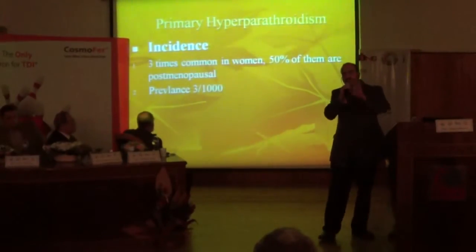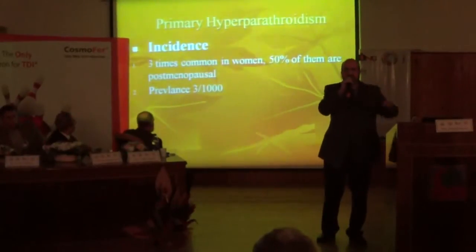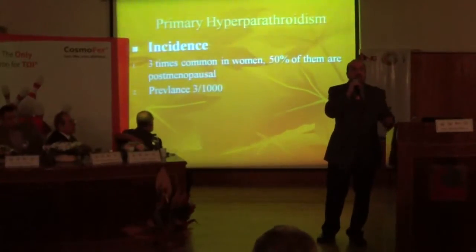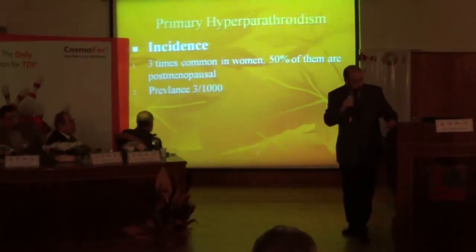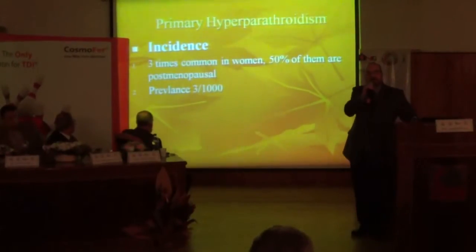You will discover that the primary is a different disease, a different patient, compared to the secondary and tertiary. Even a different operation. The primary one is common in women, 50% of them above the age of menopause. Prevalence roughly 3 in 1,000.